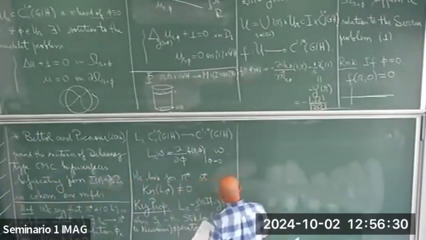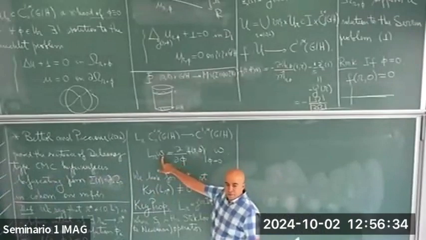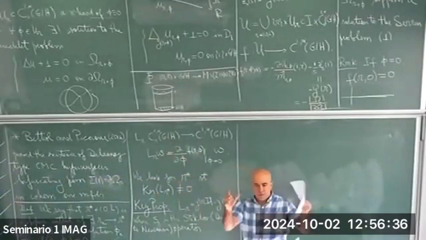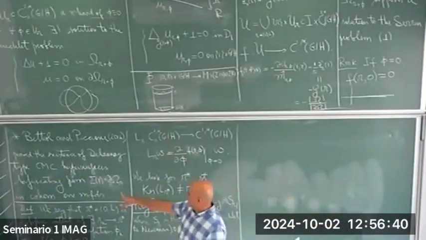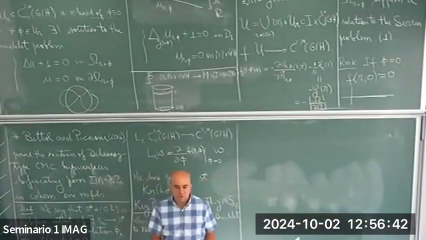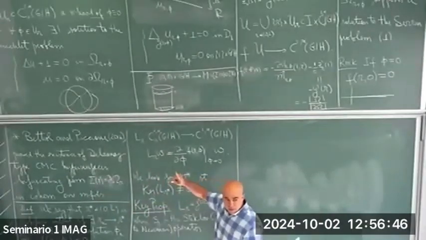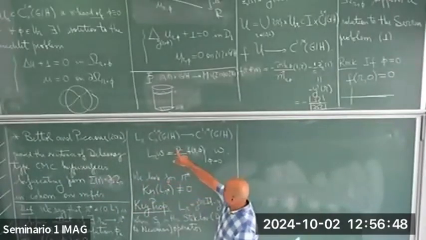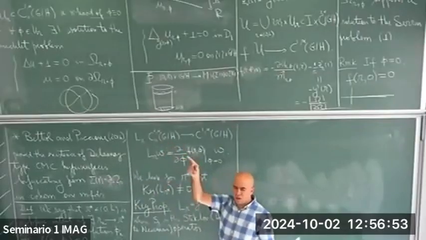So it means that if omega is a function defined on sigma r, the boundary of the domain, this is, remember, isometric to this manifold with the metric GR, homogeneous metric.